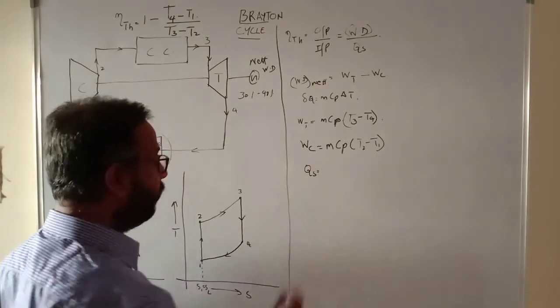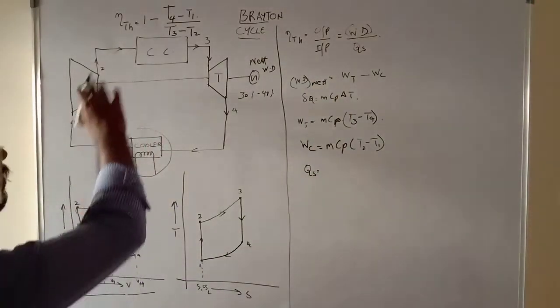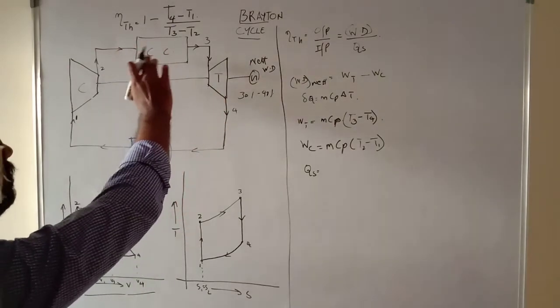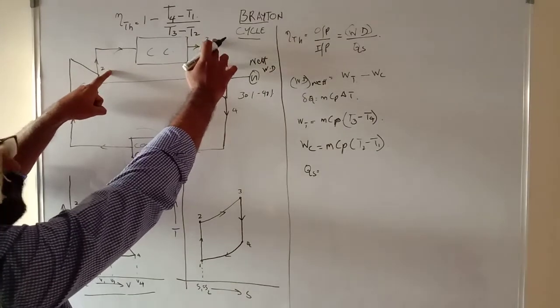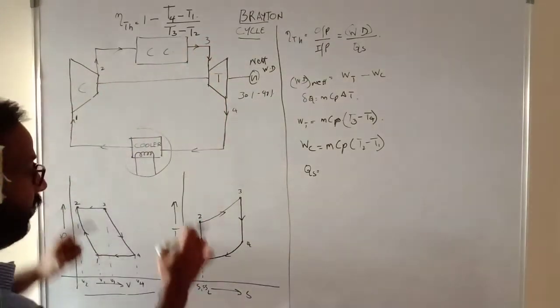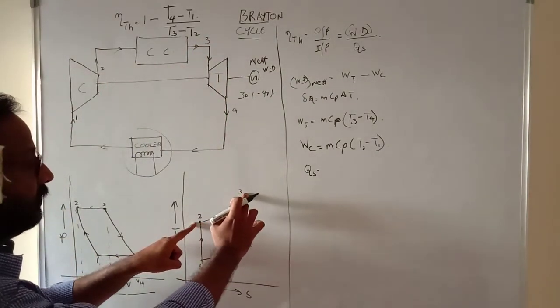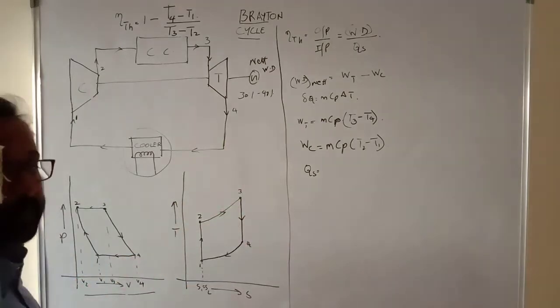Alright, we'll also do that. Now if you look at this diagram, you can see that the heat is being supplied to the high pressure compressed air between points 2 and 3. So here it is between points 2 and 3 in the temperature entropy diagram.